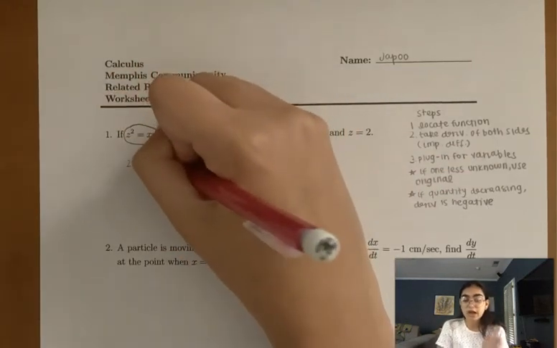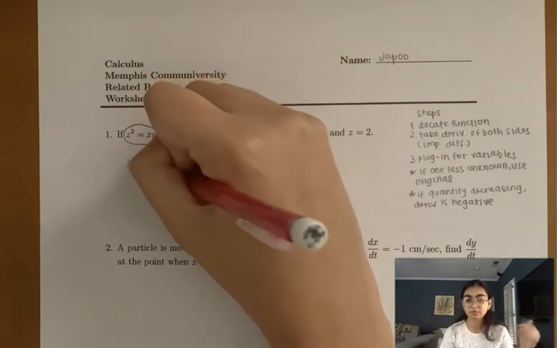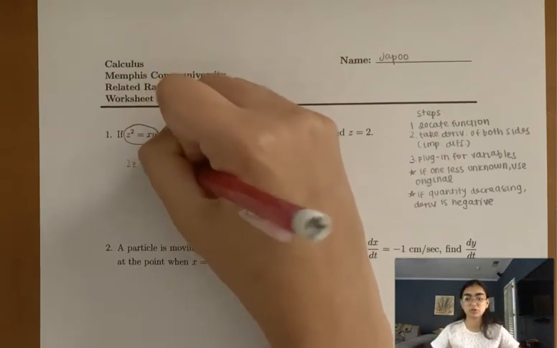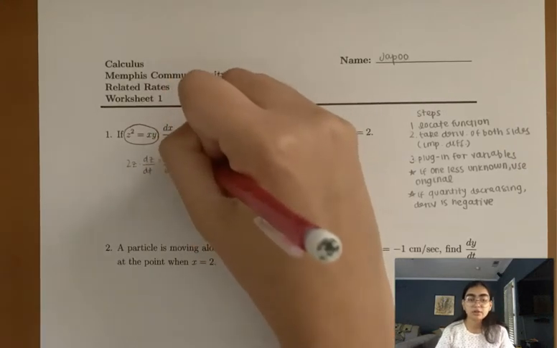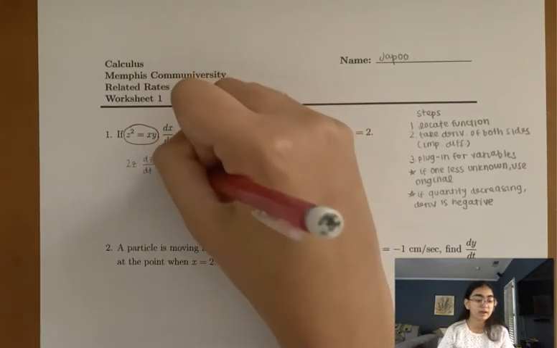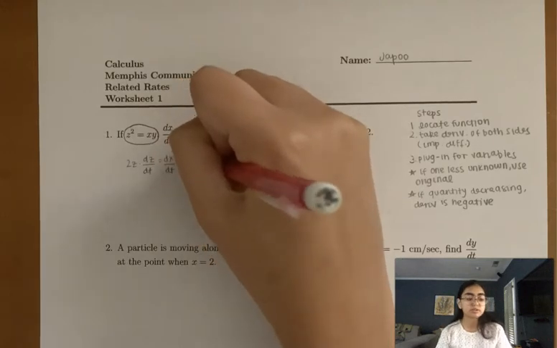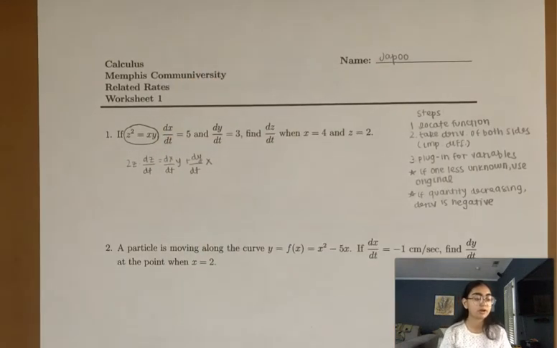You can see how I'm including the derivative of the variable. On the other side, we're going to have dx over dt times y plus dy over dt times x. This is because we're including the derivative of every single variable.